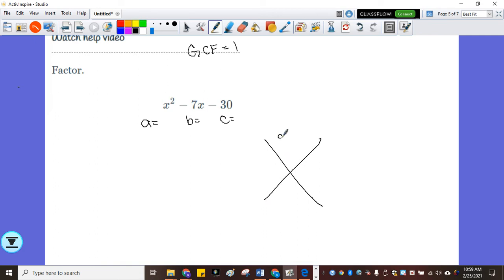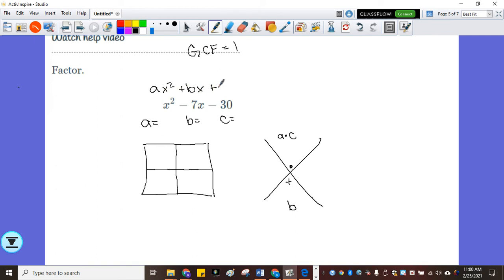You know what multiplies to AC and adds to B. So what's that? 1.